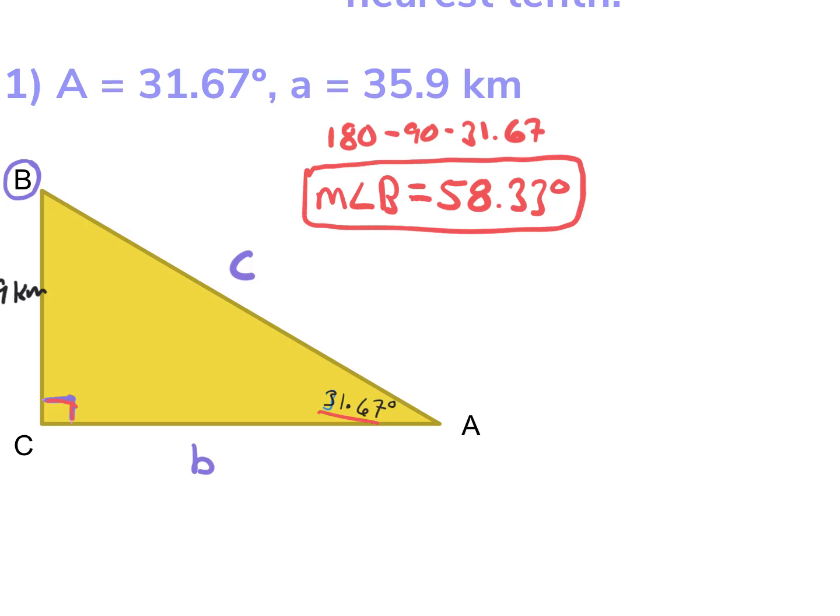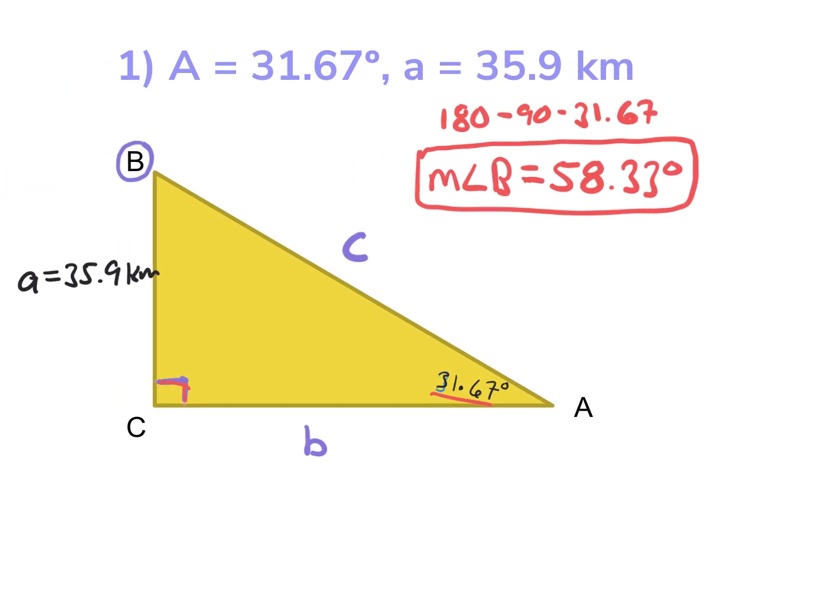All right, let's start with finding side B, right? So let's try to find B. All right, so I already know that this angle right here is 58.33. So we can fill that in. You could either use angle A or angle B. I'm just going to use angle B, right?